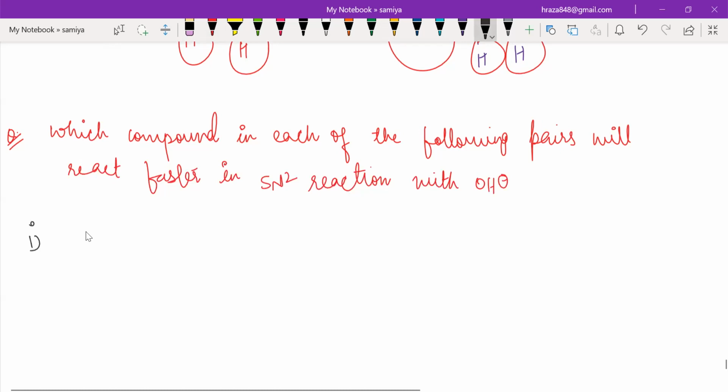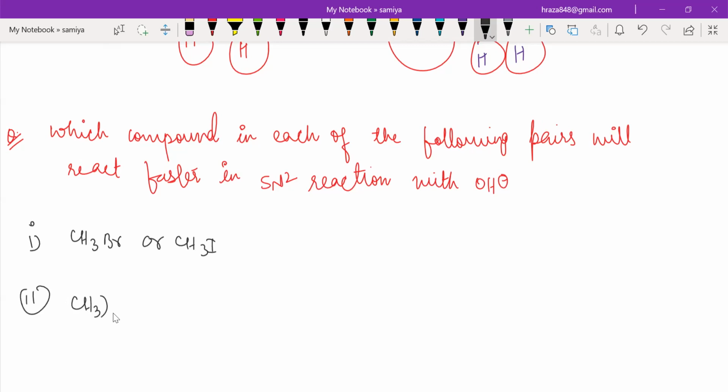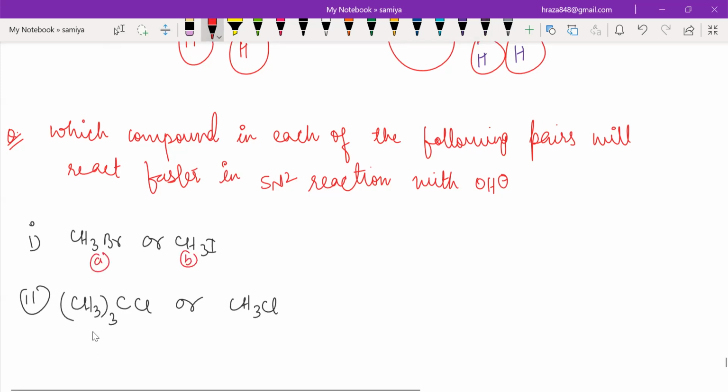The first one is CH3Br or CH3I, and in the second one you have to choose between (CH3)3CCl or CH3Cl. You can take this as A, B.